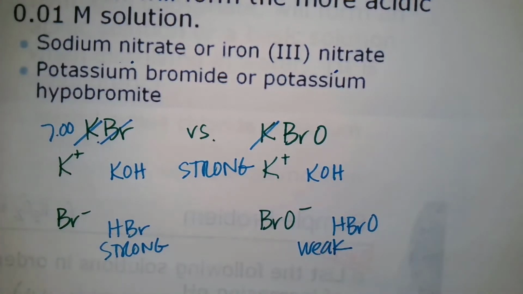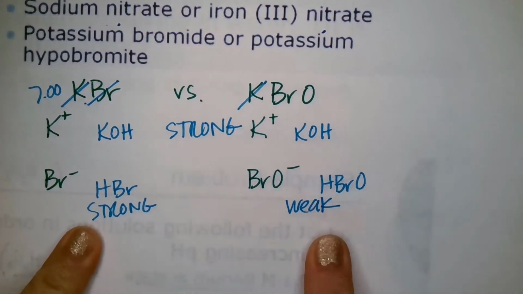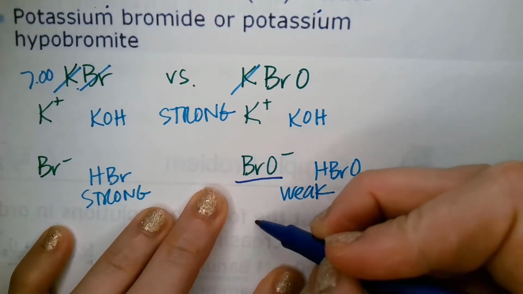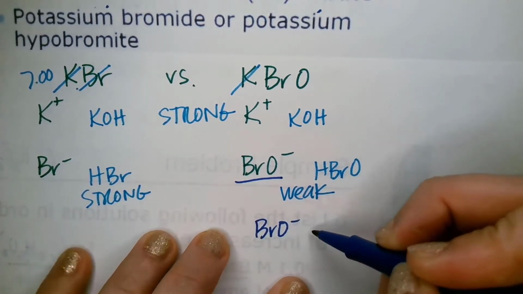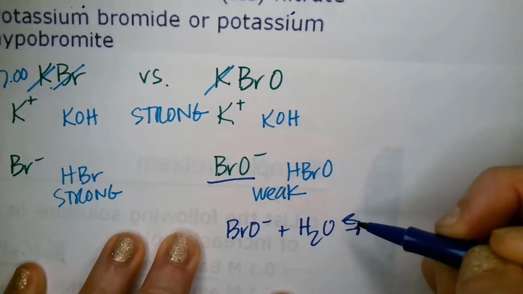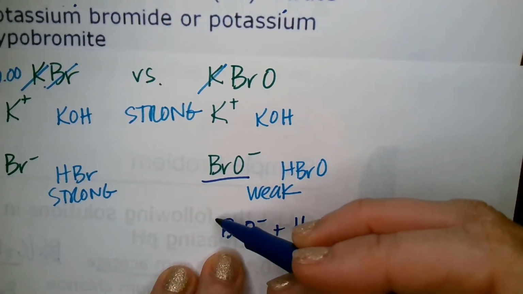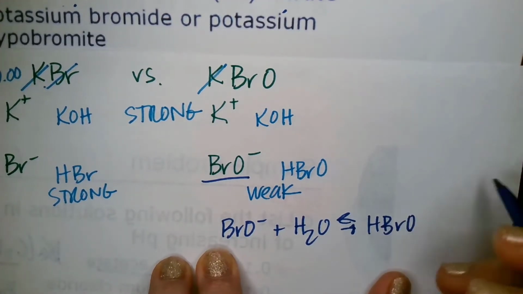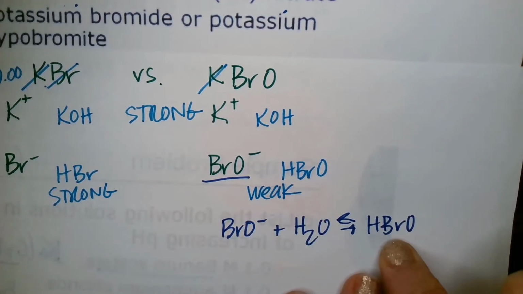So what is that going to do to our acidity? Well, let's go back and look at the chemistry. If I take my BrO- and it goes through hydrolysis, then this BrO- is going to grab an H, forming HBrO, that's the parent acid that we were just talking about.